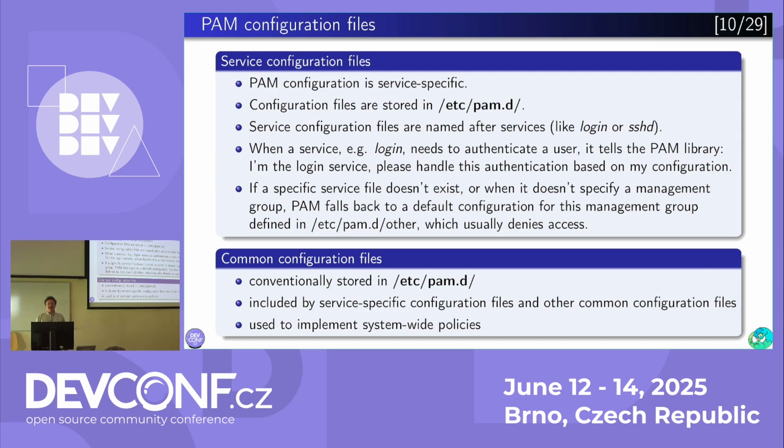So how is this very flexible thing called PAM configured? There are a lot of configuration files. Every service, as I said before, has its service-specific configuration file. They are currently stored in the /etc/pam.d directory.